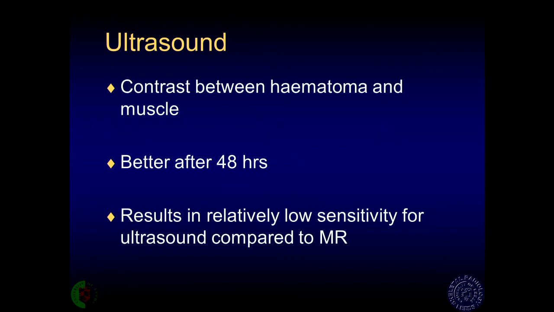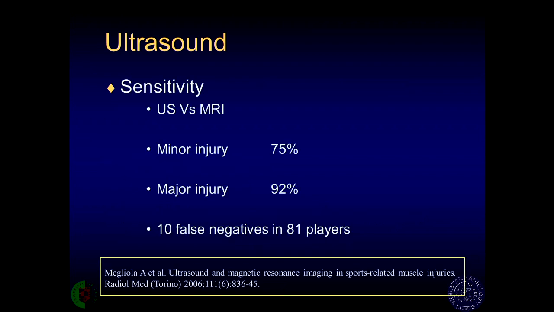There's not many papers on this, but one nice one looking at 81 soccer players was reported in the Italian literature. And there they found that for minor injury, ultrasound had a sensitivity of 75%, and for major injury, 92%.